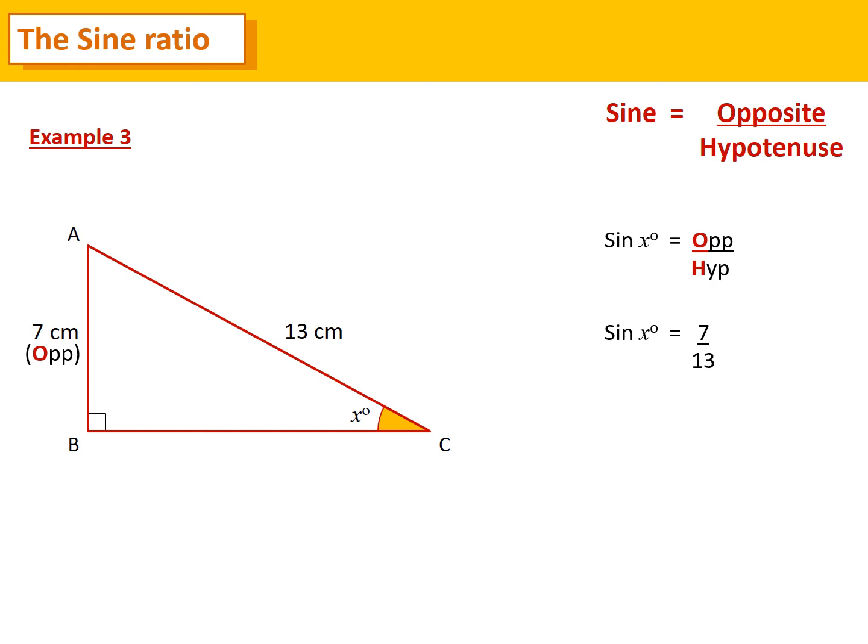To find x, we write inverse sine of 7/13. So on our calculators, this is what we would press: shift, sine, 7, divide by 13, close bracket, equals 32.5789, and we'd round that off to 1 decimal place.